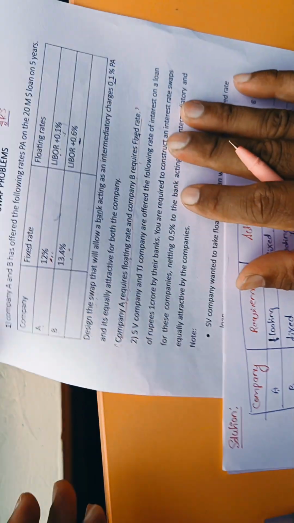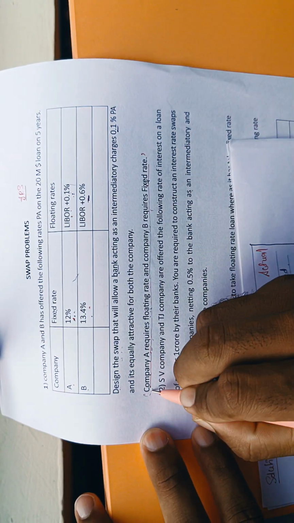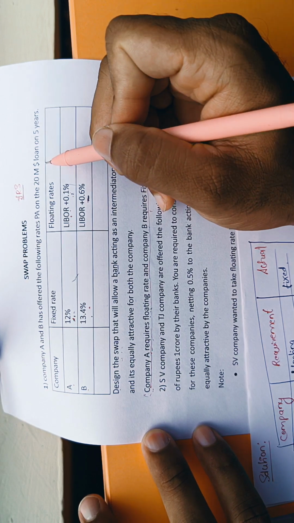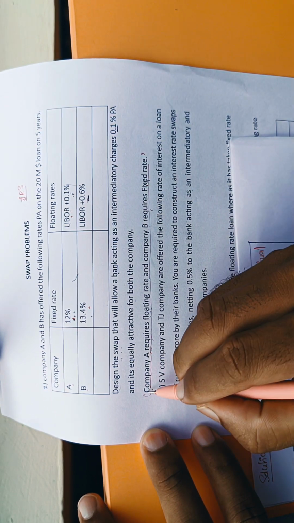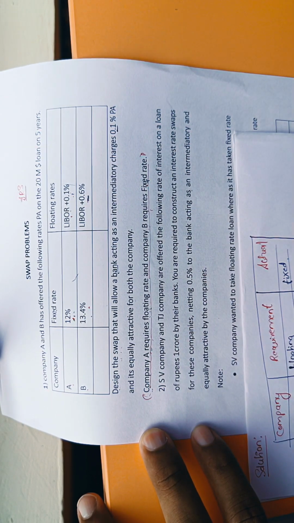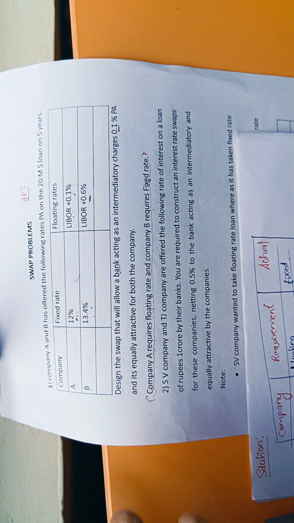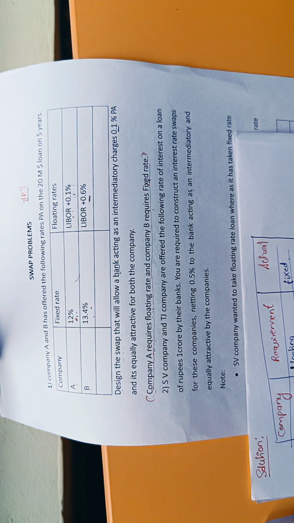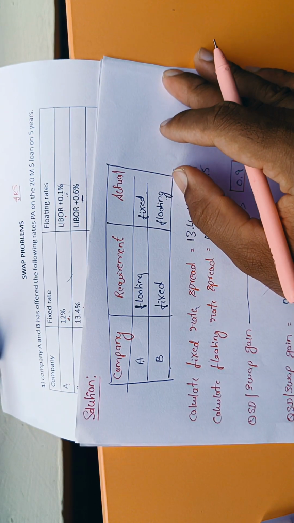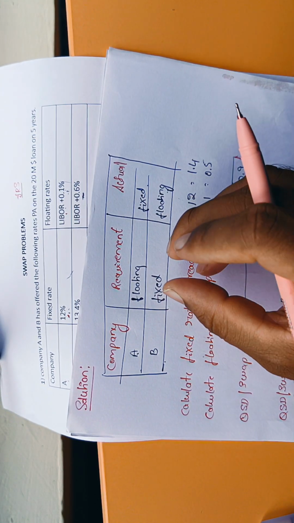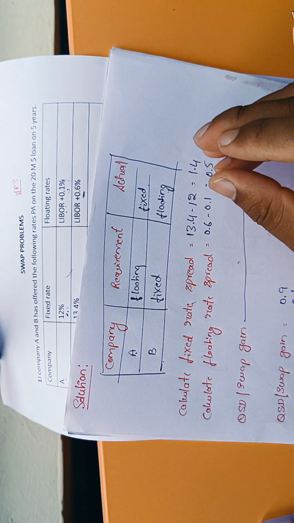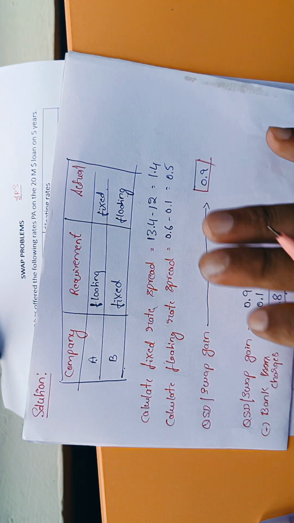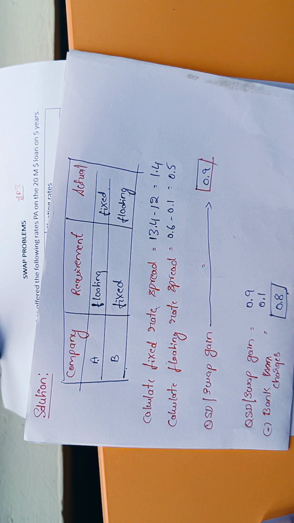First, read the question properly, understand the lines, don't bother about the loan amount or the number of years, just bother about what company A wanted, what actually company A got, what company B wanted, what actually B got. Done. After that, write the solution, draw the diagram, what is the requirement of company A, what actually company A got. After that, calculate the fixed rate spread.